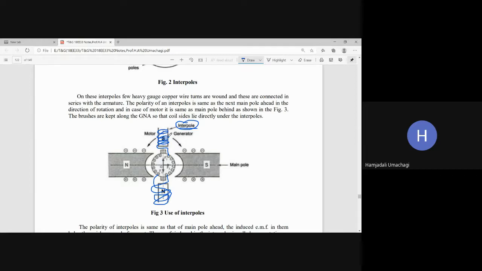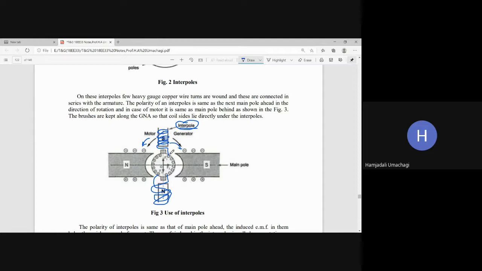If the machine is going to act as a generator, then it will be moved in this direction. If the machine is going to act as a motor, then it will be moved in the reverse direction. So whenever some voltage is induced in these armature conductors, that is self-induced, the polarity on the poles will be the same.